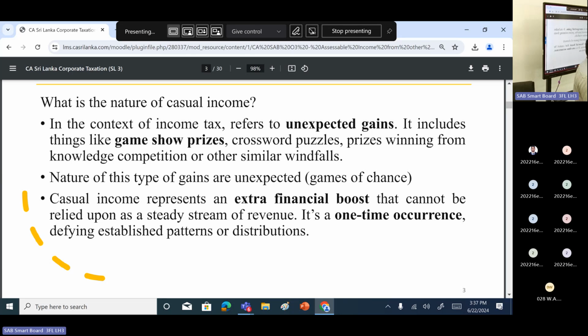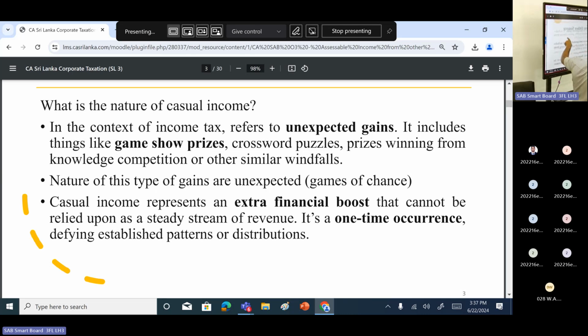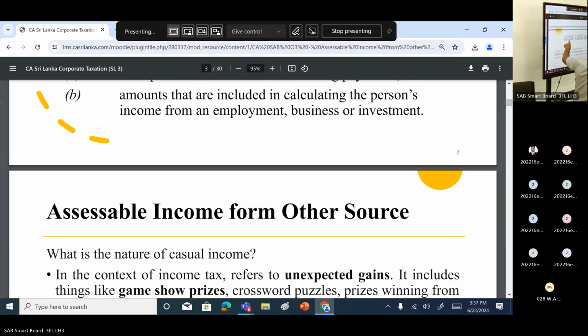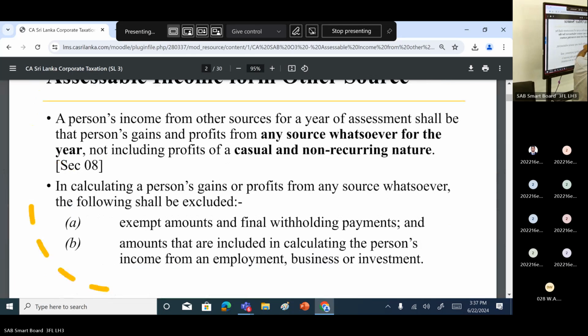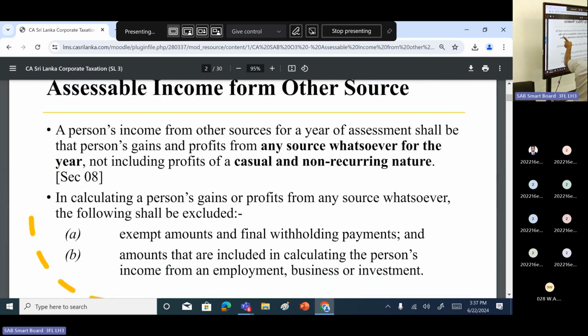That type of thing we can recognize as casual nature. Again, I am repeating, casual nature income does not fall under other sources of income for income tax purposes, right? Because the section very clearly mentions any profits, not including profits of a casual and non-recurring nature, right?